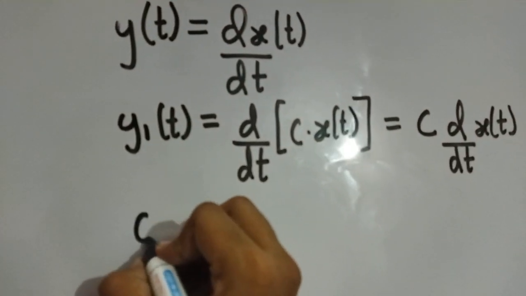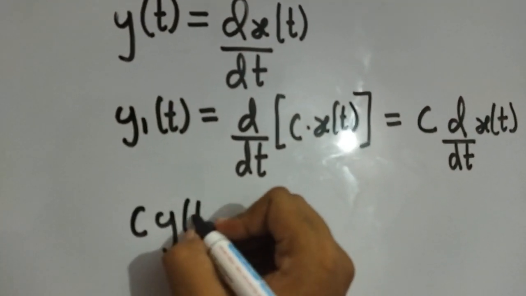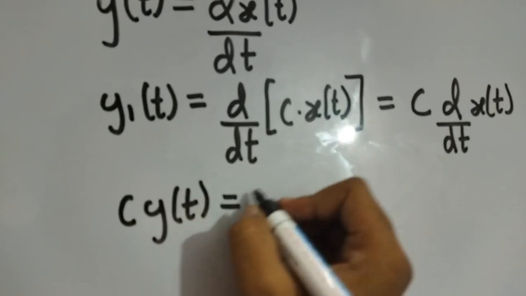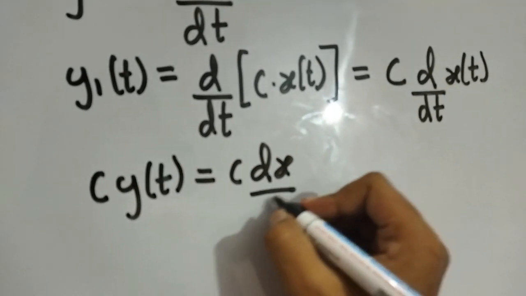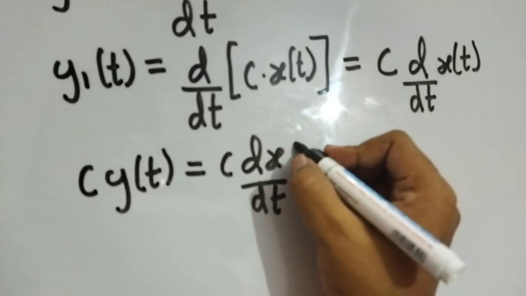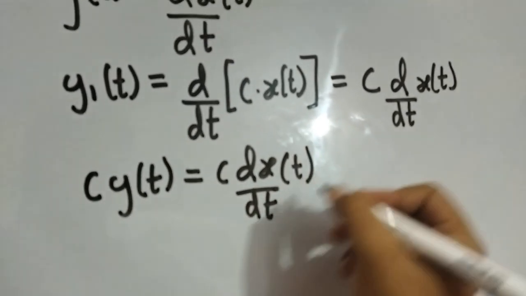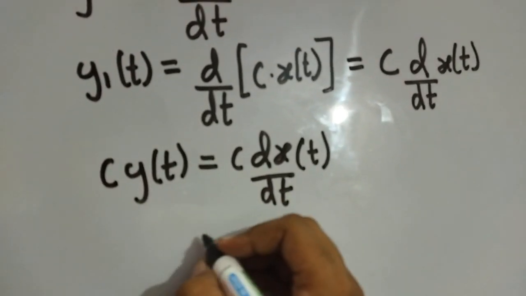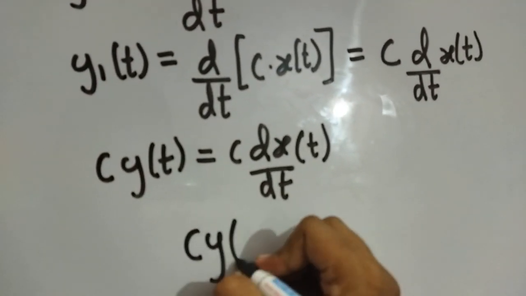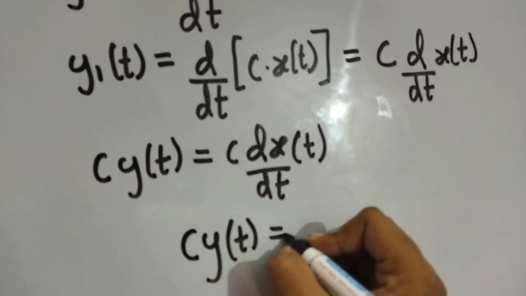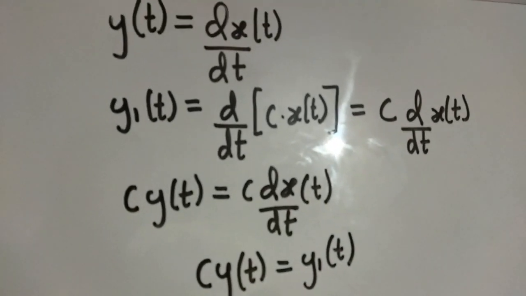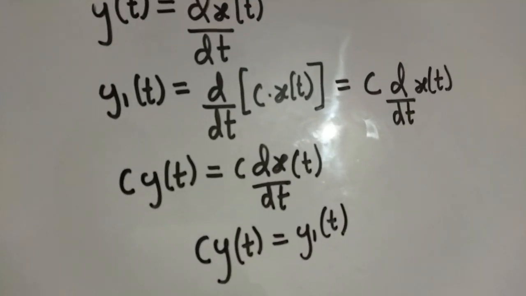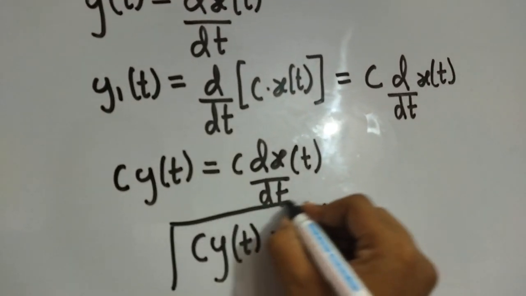Also, when we multiply c on both sides of the function, we get c into y of t is equal to y1 of t. As we know, this is the relation for the scaling property.